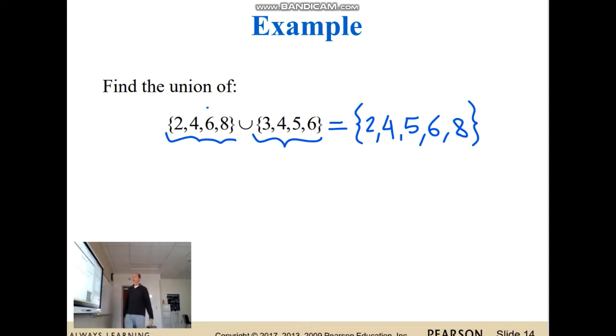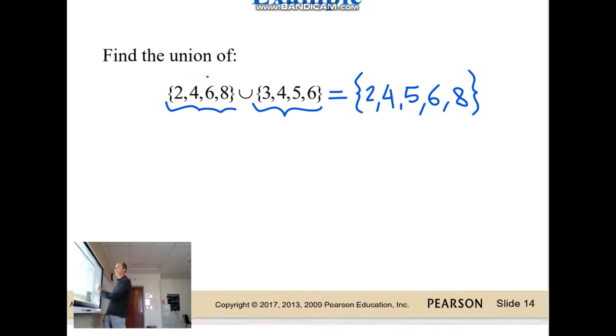That means they are included in the union. And I forgot 3. Sorry. Let's add 3 here. 2, 3, 4, 5, 6. You don't have 7, 8. Great.